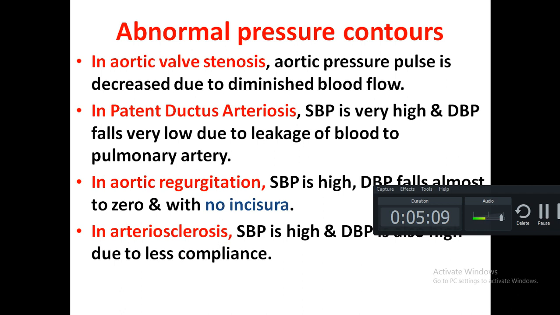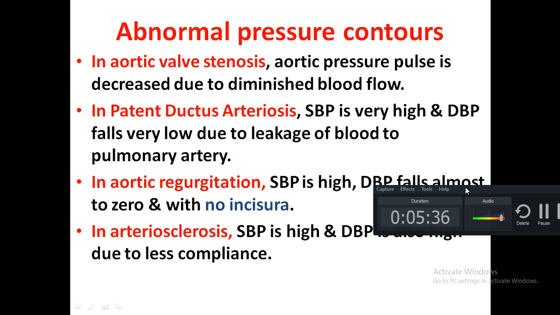So in this case, the systolic blood pressure is very high because now the left ventricle has to contract very forcefully to push the blood to the whole of the circulatory tree, and the diastolic pressure falls very low because during the diastolic period the blood from the aorta leaks into the pulmonary artery through this patent ductus arteriosus.